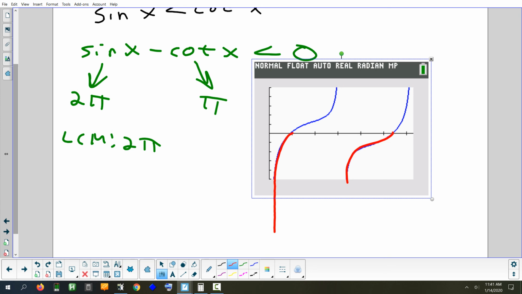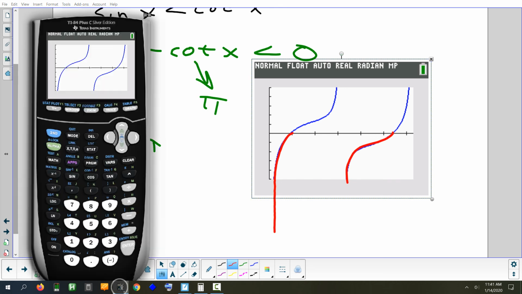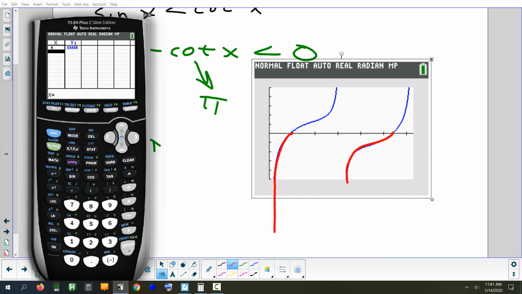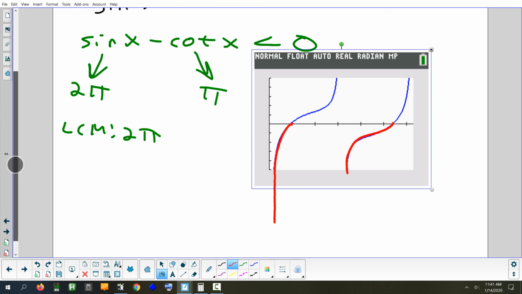Where does this first interval start? 0. Include or not include? Not included. That's a vertical asymptote. I can tell because it's getting closer and closer. If I can't tell, go to your table, try to plug in 0, and it says error. If you go 0.0001, it's going to be way, way down. Okay, so that's an asymptote.